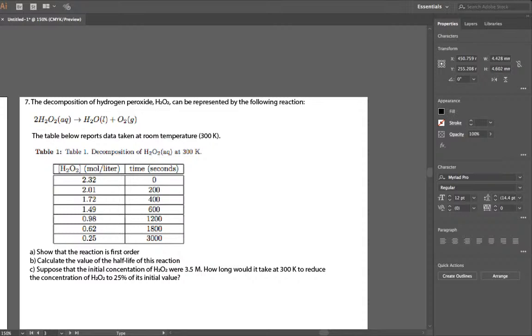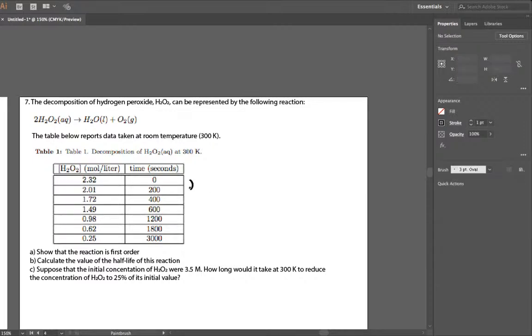Okay, so for this one, let's just go ahead and do this. Show that the reaction is first order. Let's see. I don't want to assume this one, that's basically one of the worst ways to solve this.